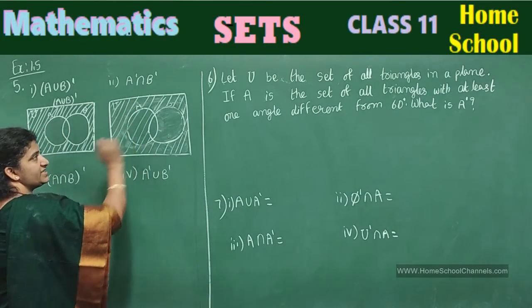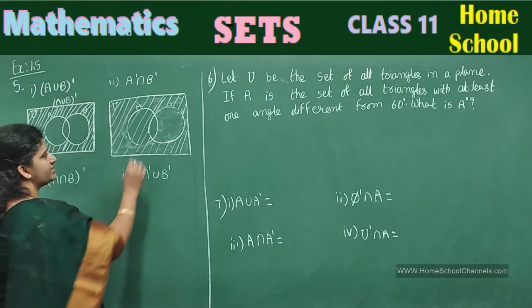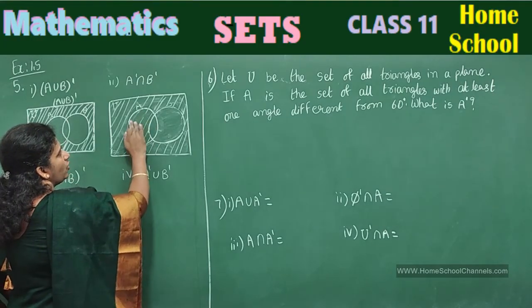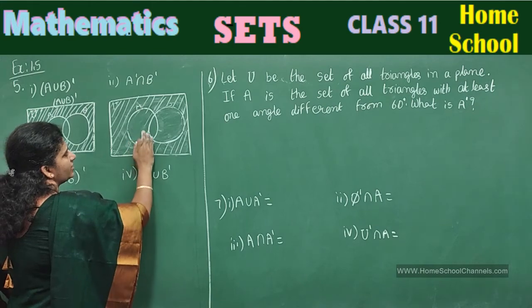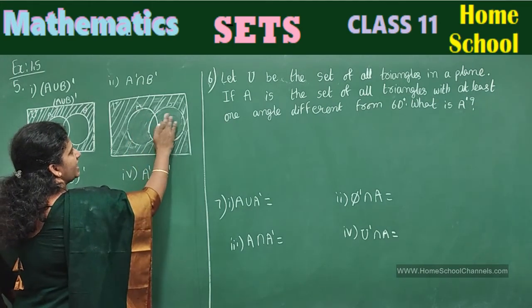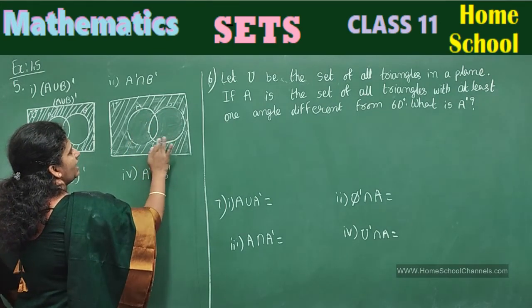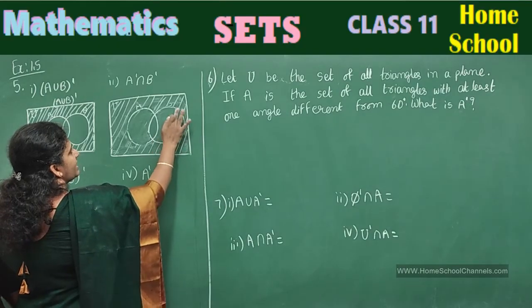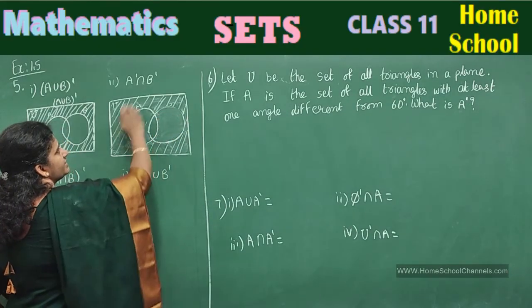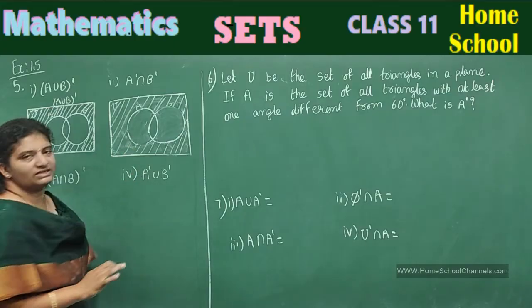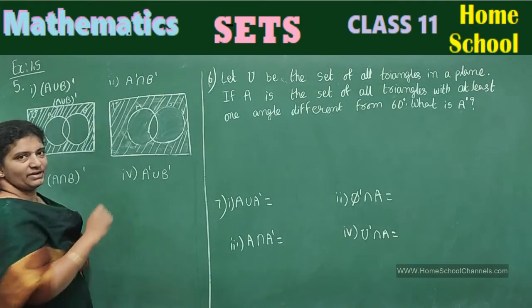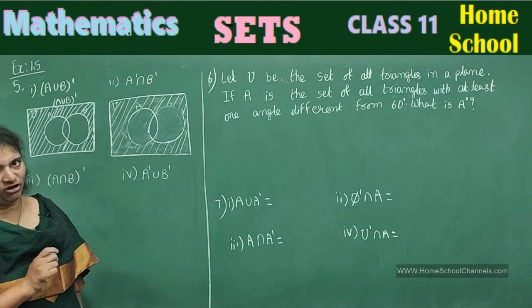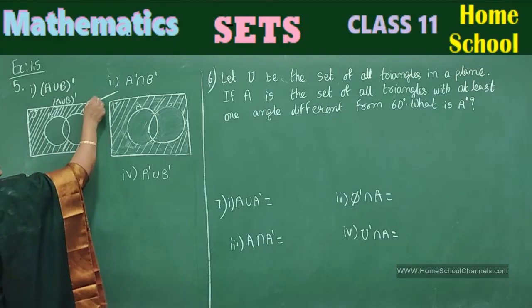Now, both intersection. Where this shading and this shading intersect, see here, only lines you can see. I don't want this part. And only shading I can see here. Where these two designs are intersecting, other than the two circles region, that is nothing but A complement intersection B complement, the same Venn diagram.